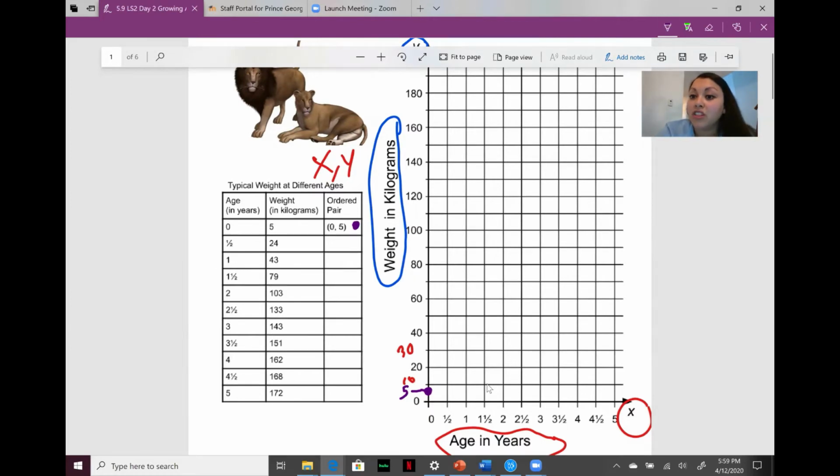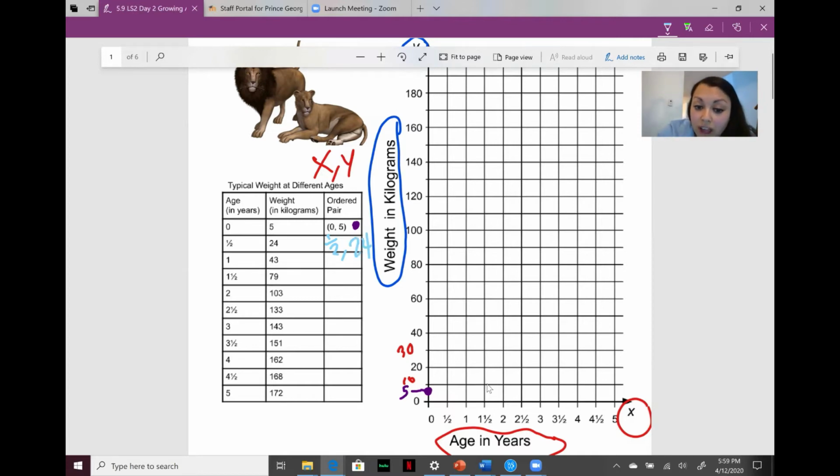So let's plot our second one. When lions are about half a year old, so 6 months old, they weigh 24 kilograms. So our ordered pair is 1/2, because that's our x-axis, and then our y-axis is how much they weigh, so that's 24.